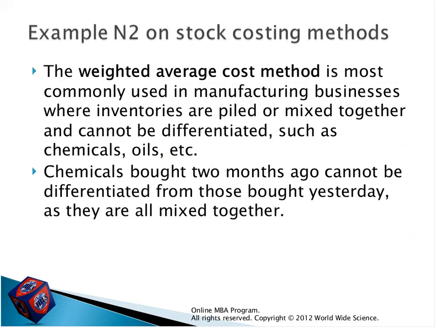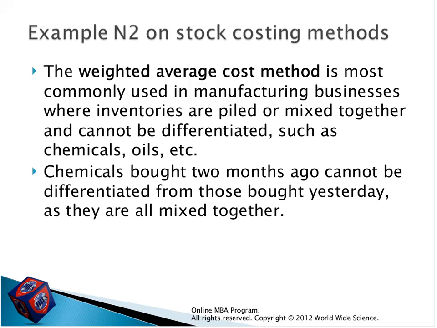For example, a chemical bought 2 months ago cannot be differentiated from one bought yesterday, because they are all mixed together in one tank or in one can. That is why the average cost method is used in manufacturing. But it is not a rule that it is only for manufacturing; other companies, with different kinds of service or production, can use this method.